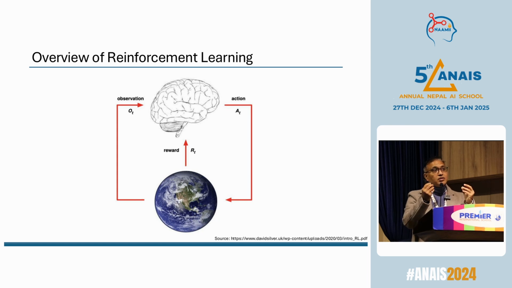In the RL system, the agent is the one who takes an action. In our body also, we decide something via the brain, and then we do that action. Similarly, in the RL system the agent does something. That's why sometimes you see this brain structure as the agent, and the Earth as an environment.